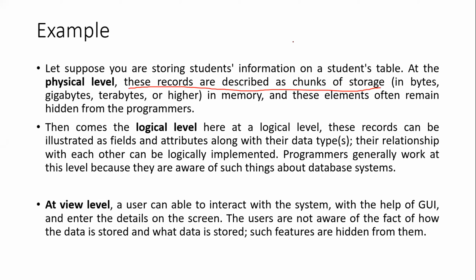You have to define what type of data it is: whether it is a character data type, an integer, a decimal, or a float, how it is related to the program, and what operations we are going to perform. All these relations we can define at the logical level.